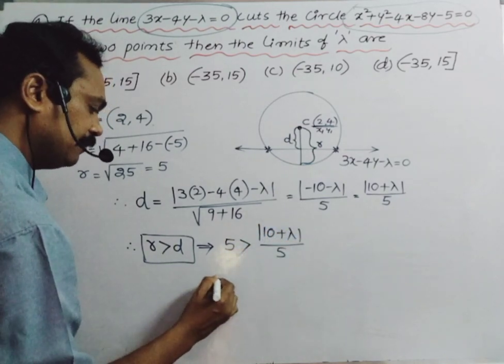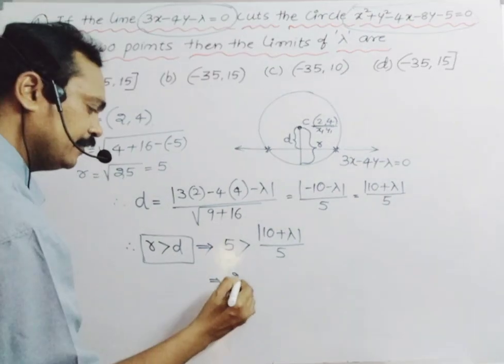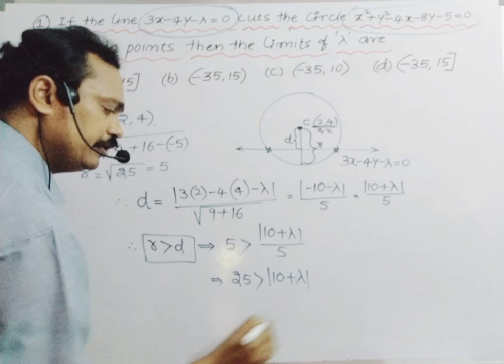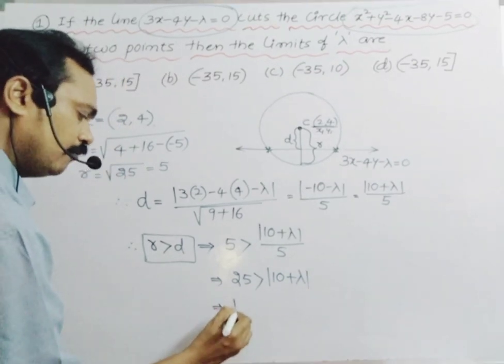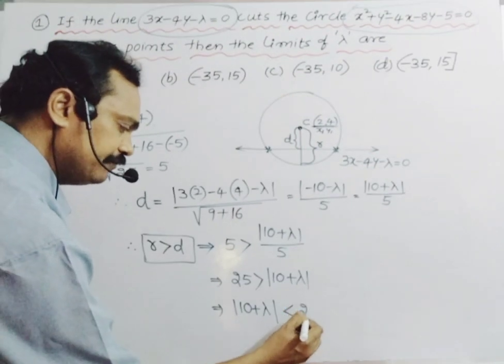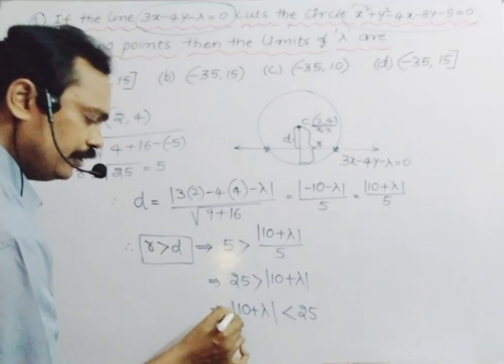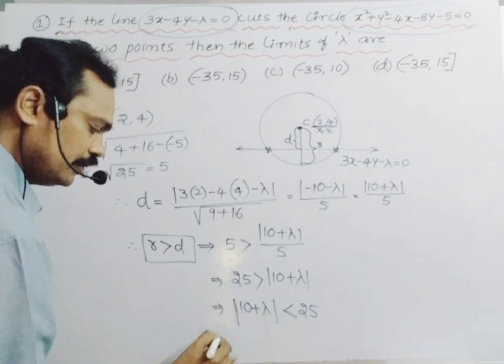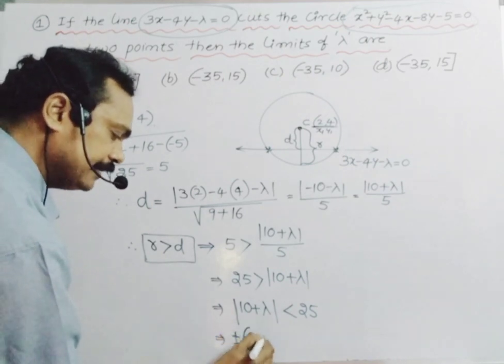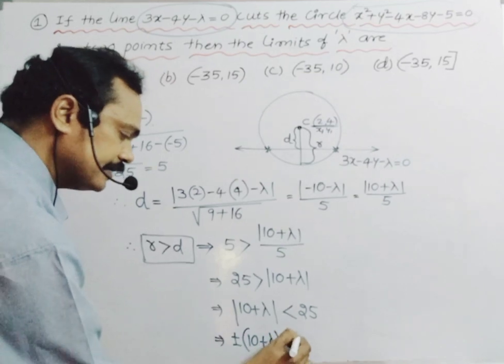By cross multiplication, 5 times 5 is 25, which is greater than modulus of 10 plus lambda. For your convenience, I am taking modulus of 10 plus lambda is less than 25. When you remove this modulus, you have to assign plus or minus.